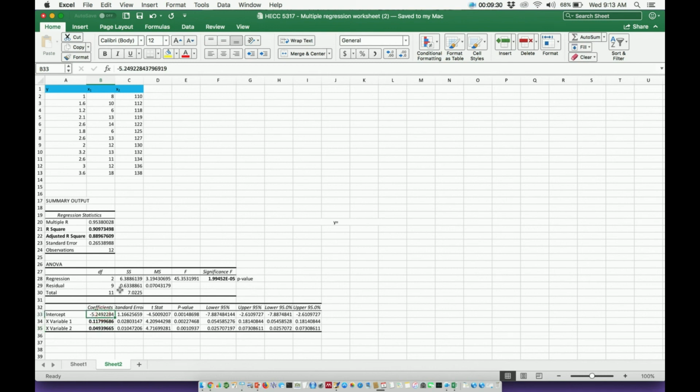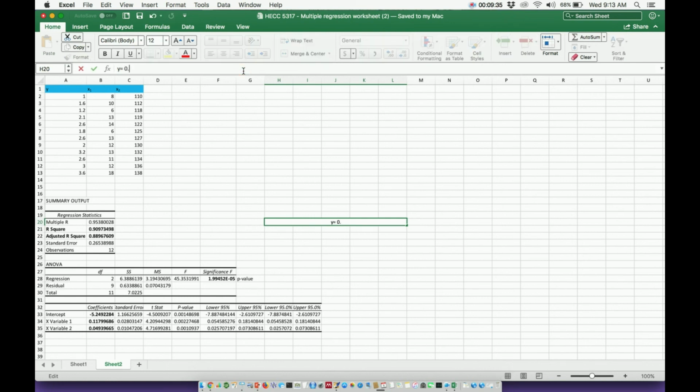And then I also have the y-intercept. So literally, when I type this in, it's just going to be 0.118 X1, plus the second coefficient, 0.049, times x2, and then I would just add on my y-intercept, which happens to be negative, so it's going to be plus a negative, or just minus 5.249. Okay? So that is my relationship. That is the model of this data.